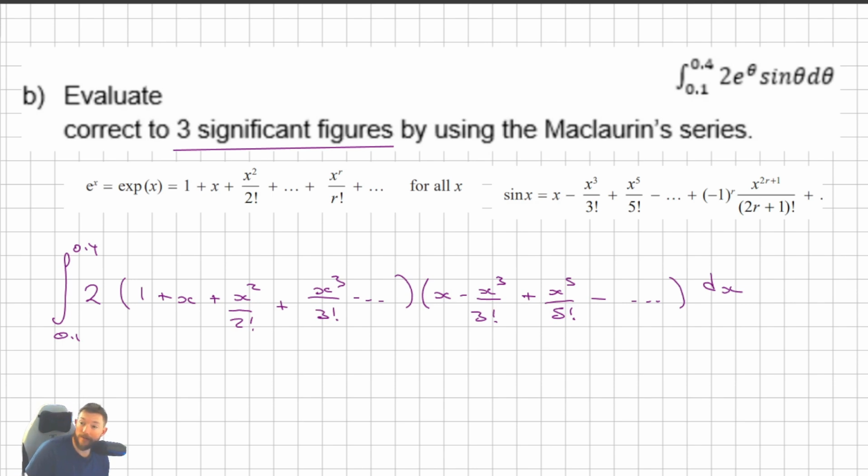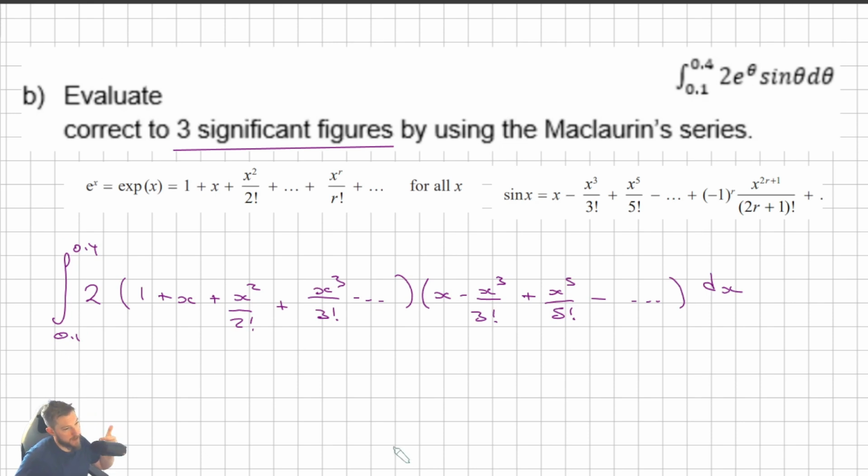Okay, so now we have the question of how many terms we need to include. We could do this a bit experimentally, but it wants it to 3 significant figures, and we can see that we're going to be substituting in some values with 1 decimal place.